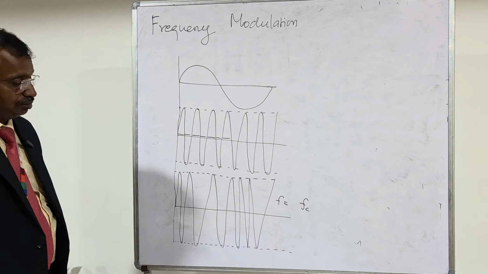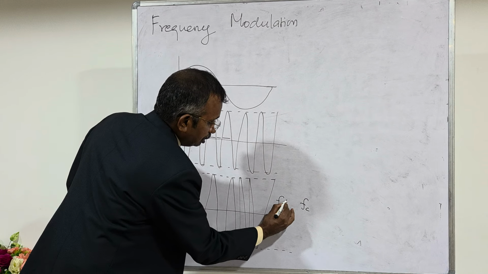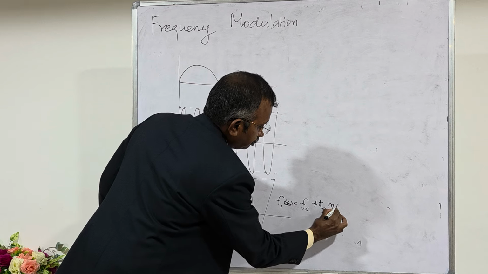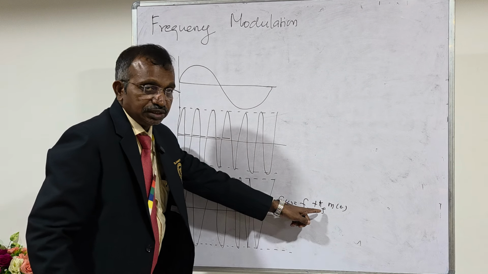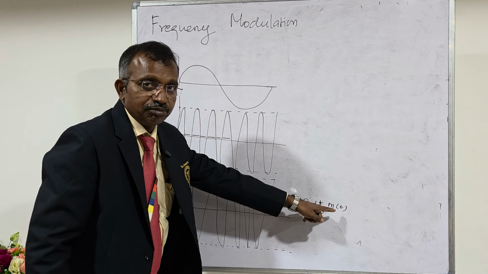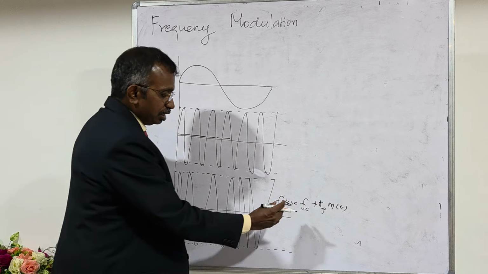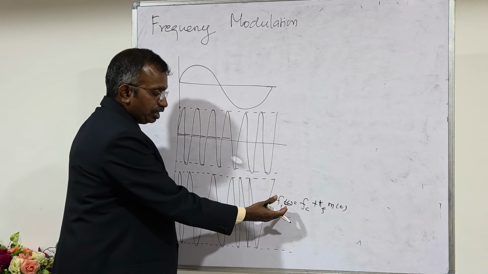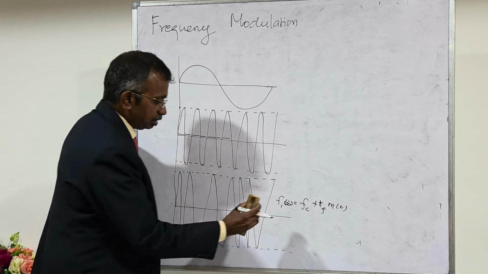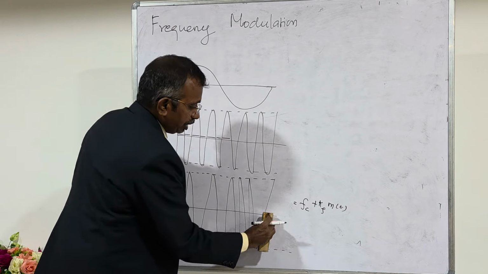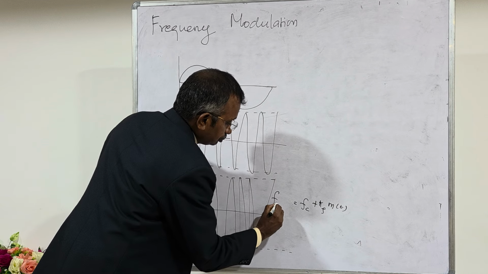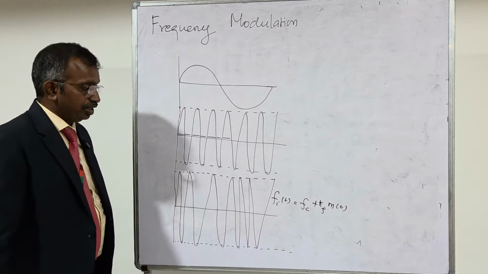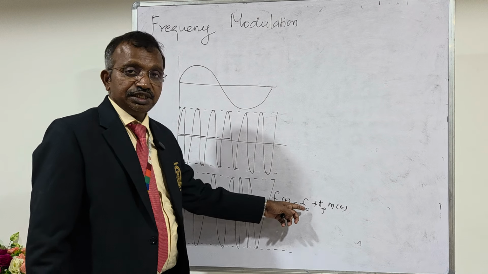then the corresponding frequency becomes the instantaneous frequency, Fc plus Kf into m of t, where Kf is the frequency sensitivity and m of t is the message signal. Therefore, the instantaneous frequency of the signal is Fi of t equal to Fc plus Kf m of t, where Fc is the carrier frequency.